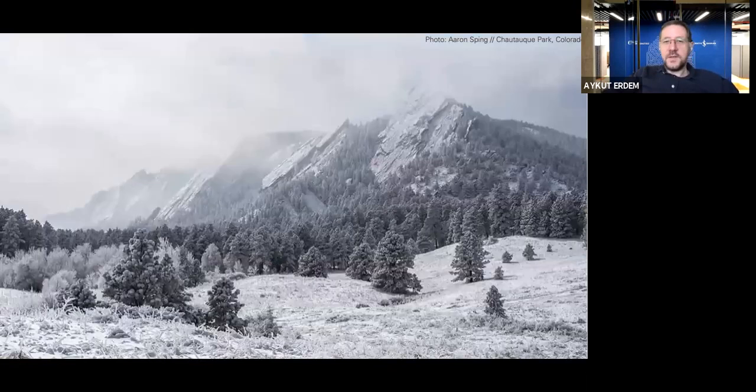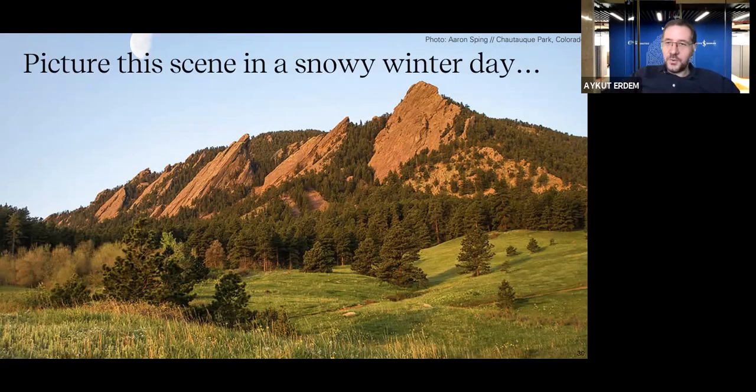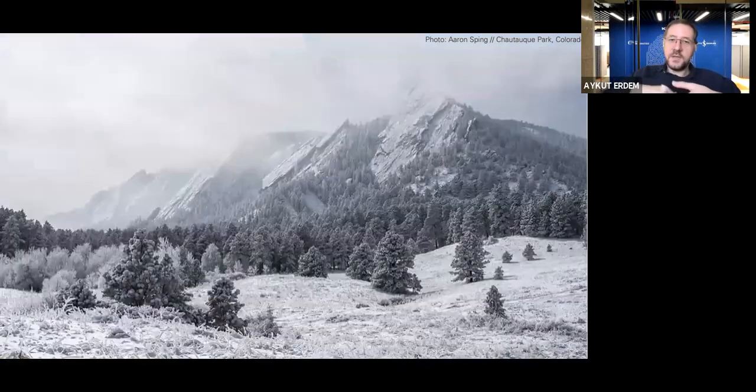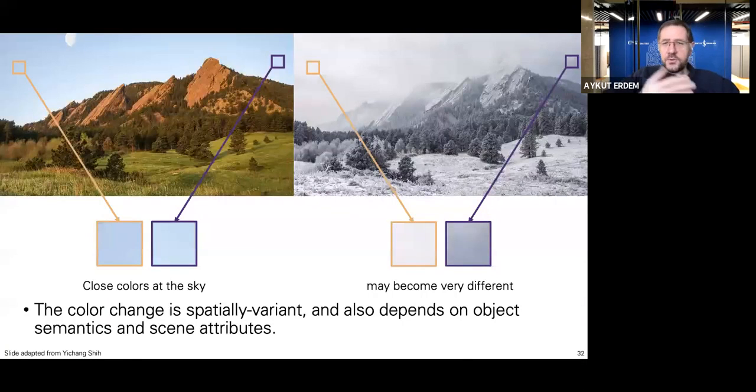And here is the corresponding output. Of course, this is a real scene. You may notice some small changes in the leaves of the trees. But in our case, we want to train a model that can perform these types of transformations.